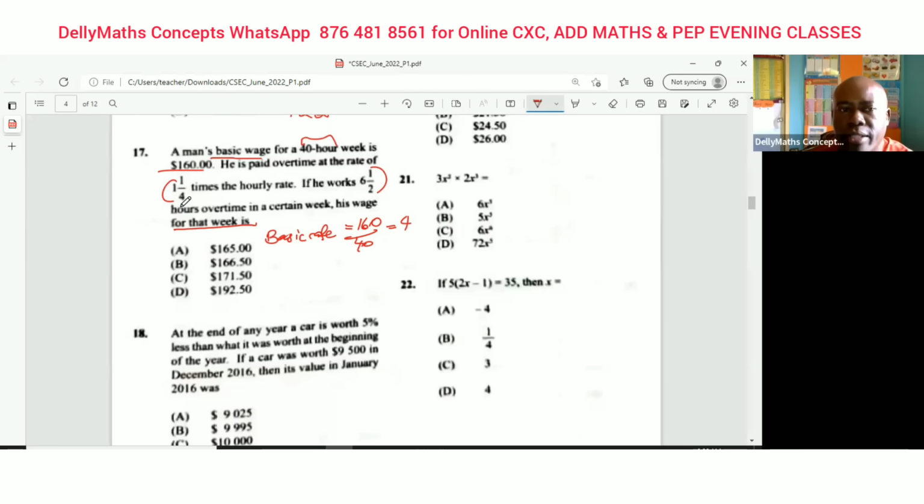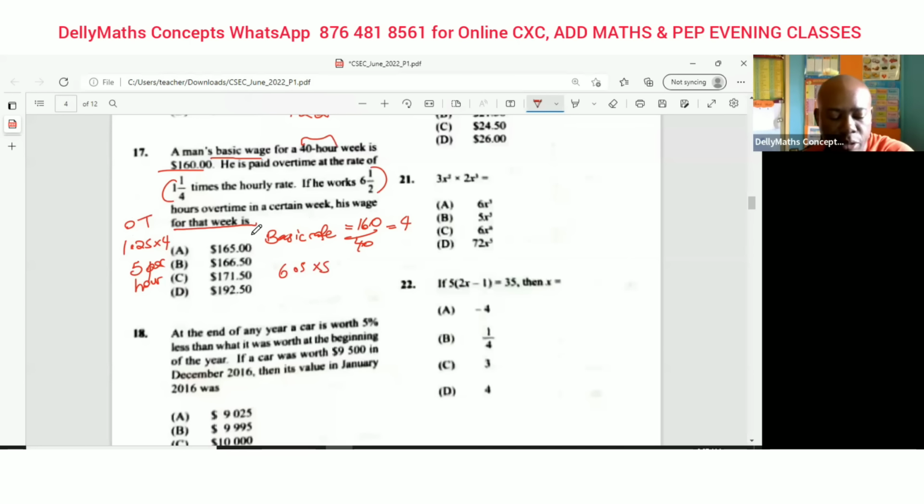When you're dealing with overtime, there is actually the overtime arrangement. So he's going to get time and a quarter. All right. So if we multiply 1.25 times 4, we will get $5 per hour now. And that is on overtime. So on overtime, he's making $5 per hour. So he works for 6.5 hours overtime. So we want to say 6.5 times 5.